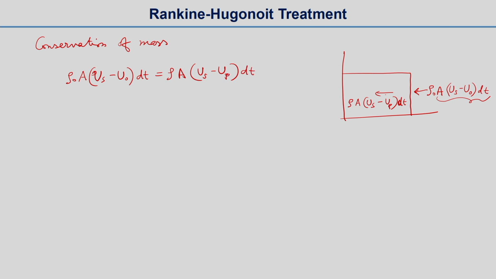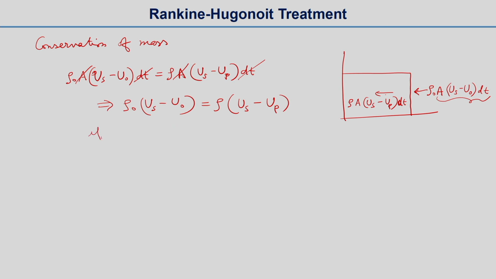We can cancel dt and A from both sides, and that will give us rho naught US minus U naught is equal to rho US minus UP.